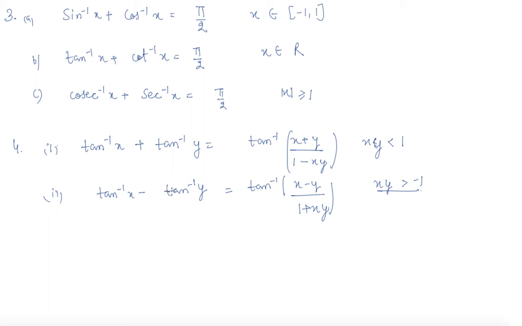Okay, now let's discuss three more formulas and then we are done with these properties. So the formula of fifth type is 2 tan inverse x in terms of sine is sine inverse 2x upon 1 plus x square. So mod x is less than or equal to 1 in that case.